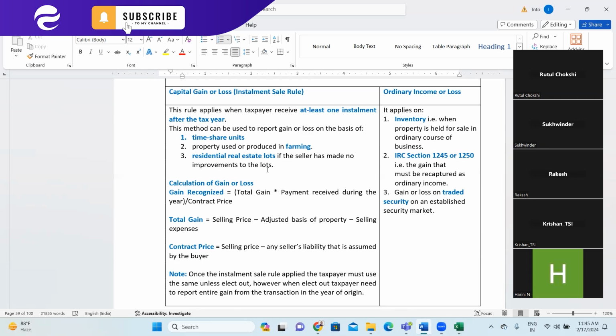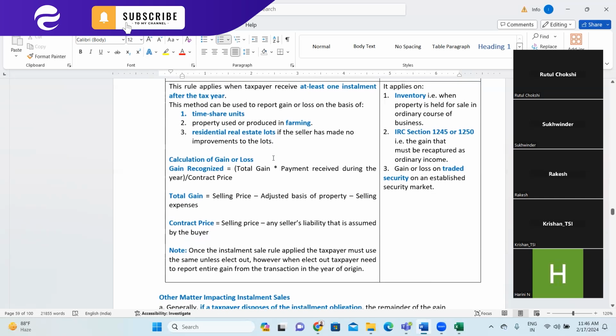If you are receiving all the installments in the same tax year, then the installment sale rule does not apply. This method can be used to report the gain or loss on the basis of timeshare units, property used or produced in farming, or a residential real estate lot if the seller has made no improvement to the lot.